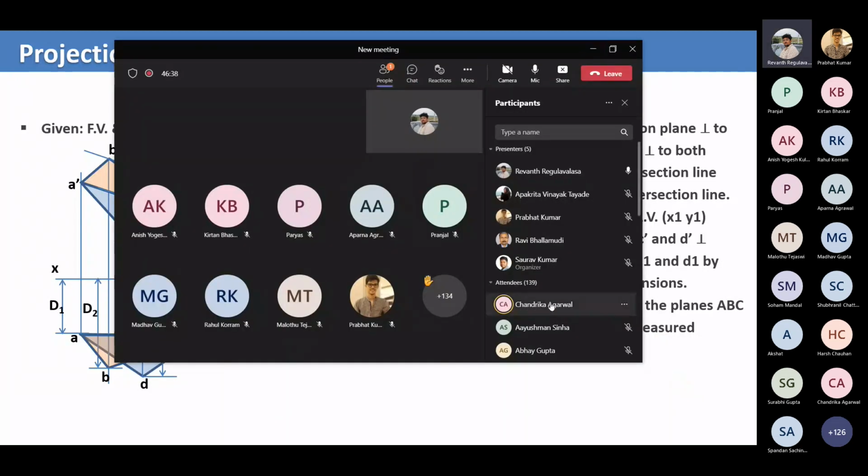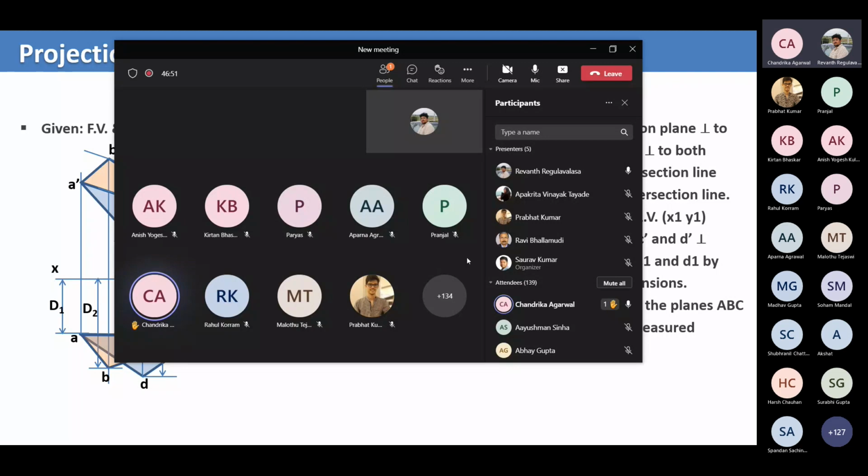Yeah, Chandrika Agarwal. Yeah, Chandrika, you can go ahead. Yeah, this thing, that topmost figure we made. So is it something like we rotate them? I'm not able to hear properly. Just a minute.